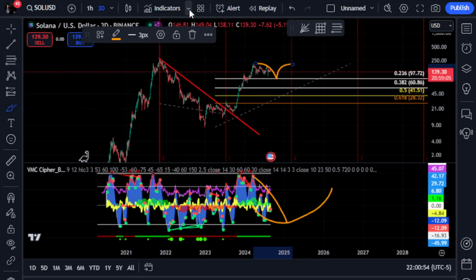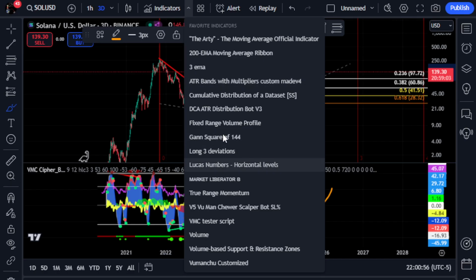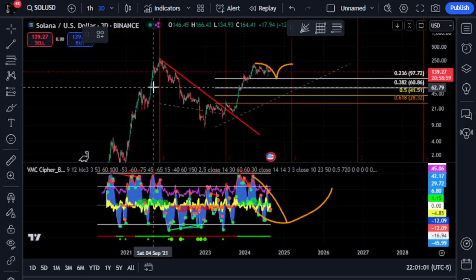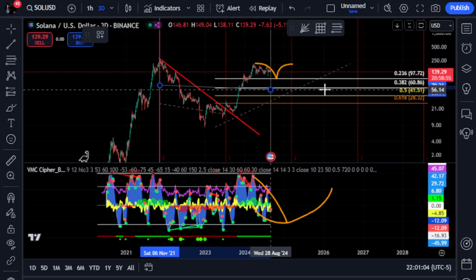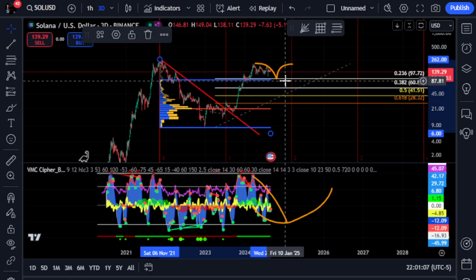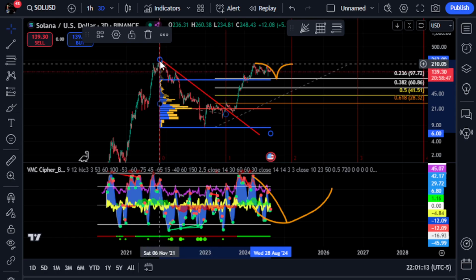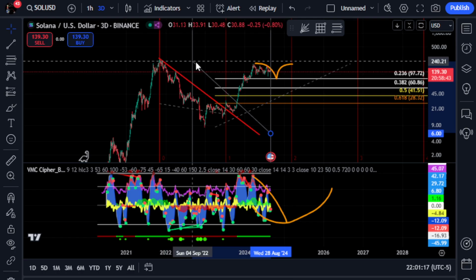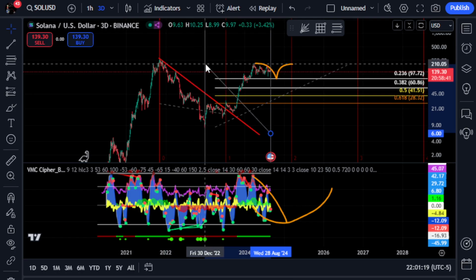And what else can we look at for significant levels? Let's grab our fixed range volume profile tool and take all of this volume from right here to right here. Here's our value area high coming out at about $90. Let's check our volume just from swing low to swing high.